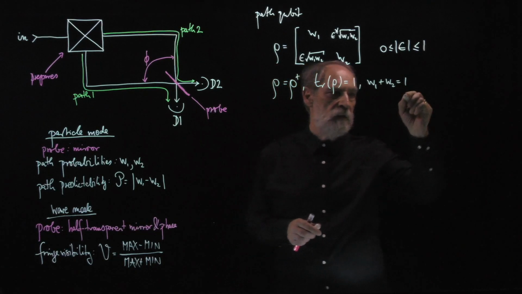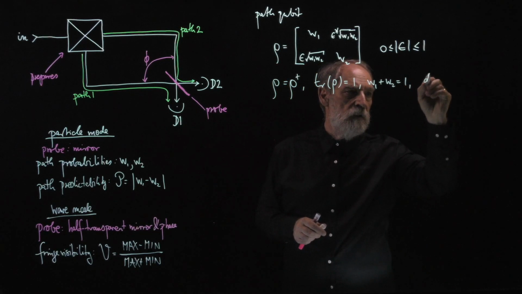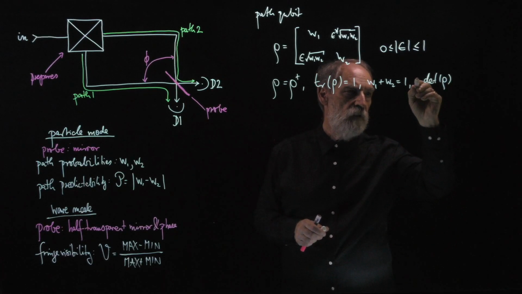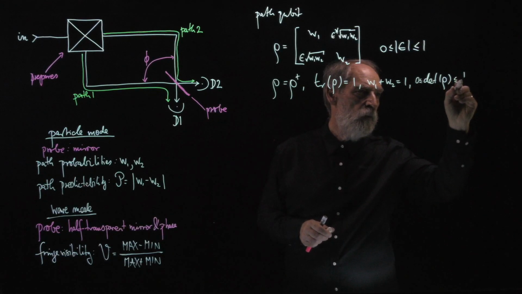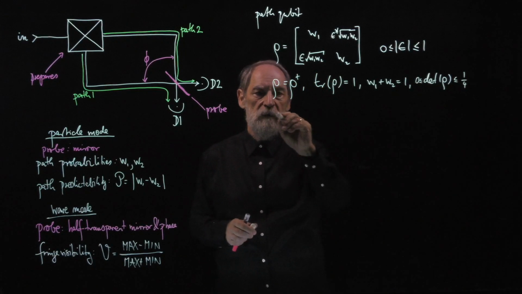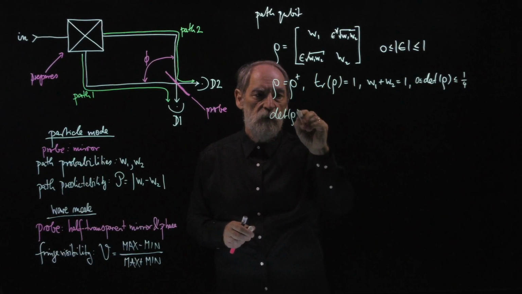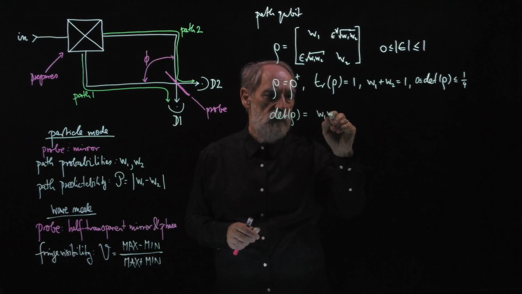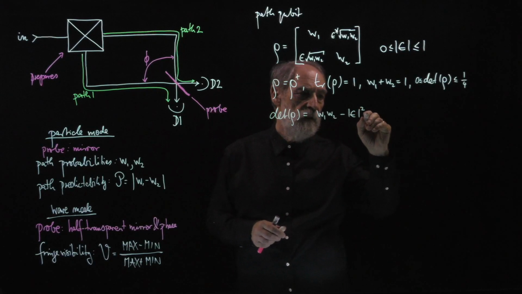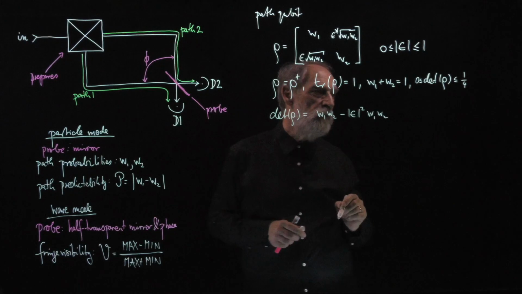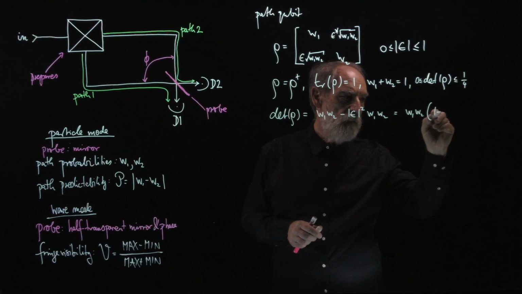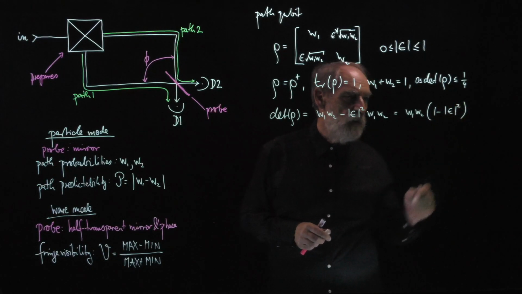And then also that the determinant of rho will be a number between 0 and a quarter. And let's see what that tells us. What is the determinant? The determinant of rho is equal to W1 W2 minus the absolute value of epsilon squared times W1 W2. And yes, this is W1 W2 times 1 minus the absolute value of epsilon squared.